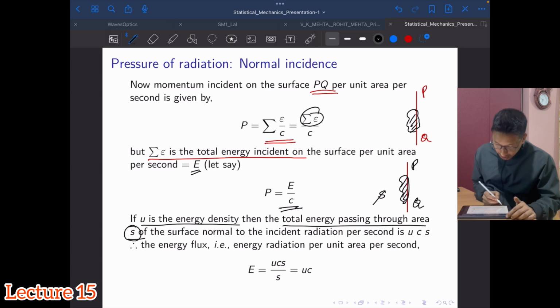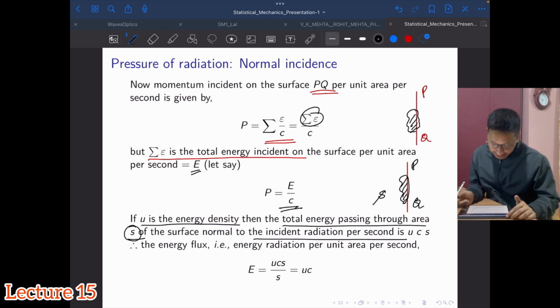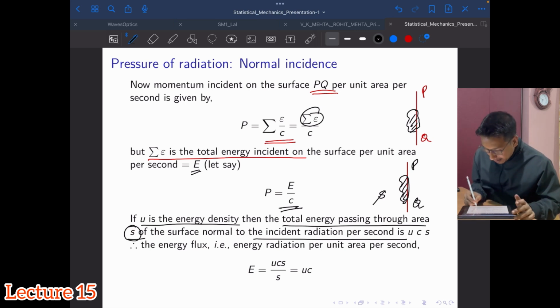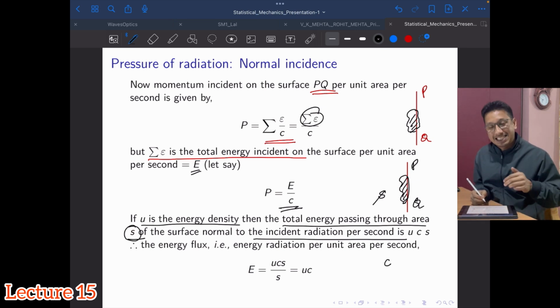The total energy passing through the area S of the surface normal to the incident radiation per second is UCS. What is the velocity of the radiation, meaning the photons here? C. So how much distance will it cover in 1 second? Distance C, because C is in meters per second, that is the velocity.